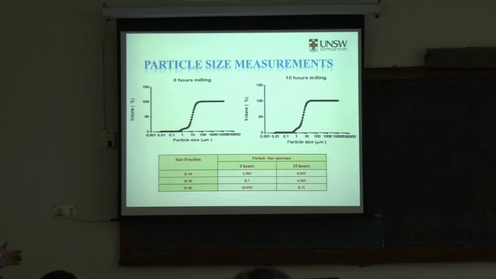So if you have large particles, you can break them down and make them smaller. Also a small amount you can get below 1 micron, about 500 nanometers or something like that.